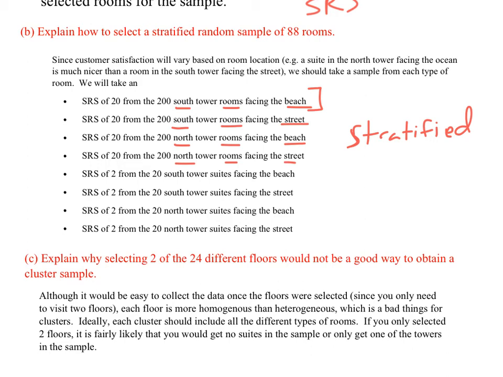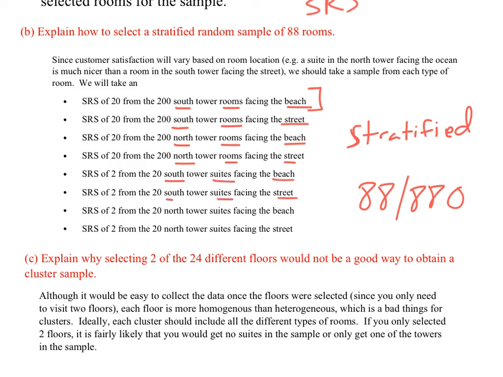Suites, right? After those 4 strata, we haven't heard from anybody that's in a suite. Not good. We want to hear from them. Now there's a lot less of them, and notice with these numbers I'm sticking at selecting 10% because we had said before that as a total we want to take 88 of the 880. So now I'm just taking 2. South suite faces the beach.